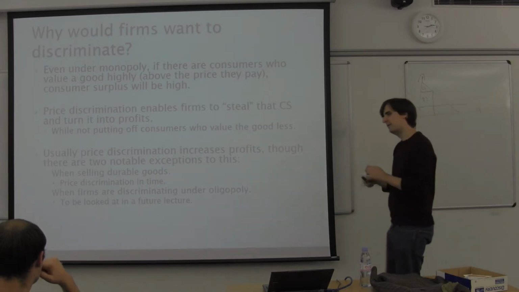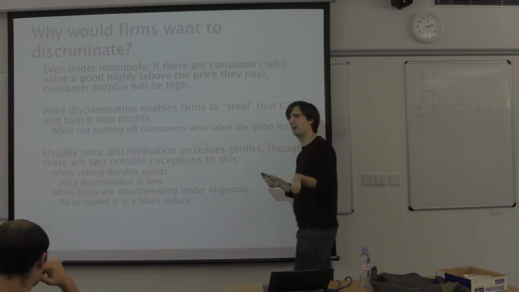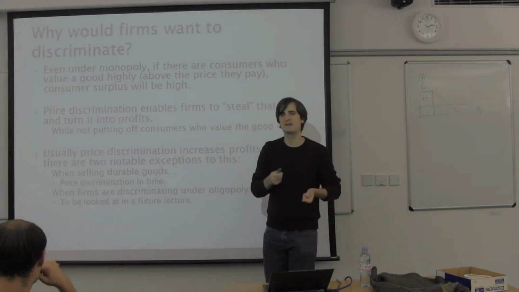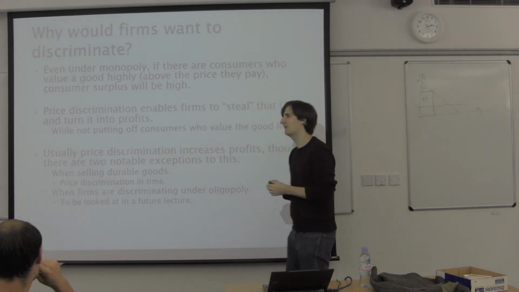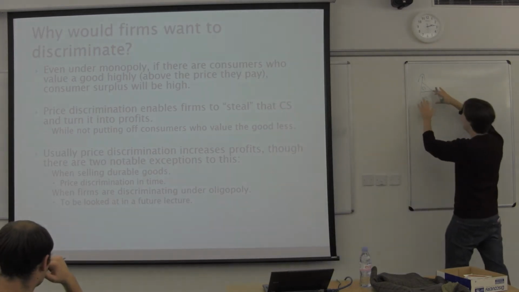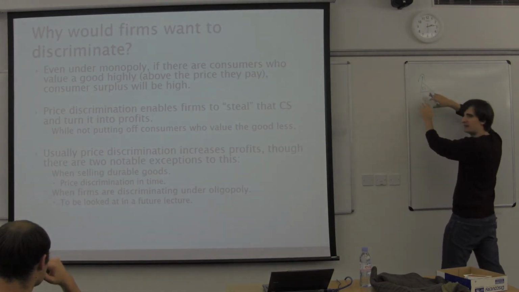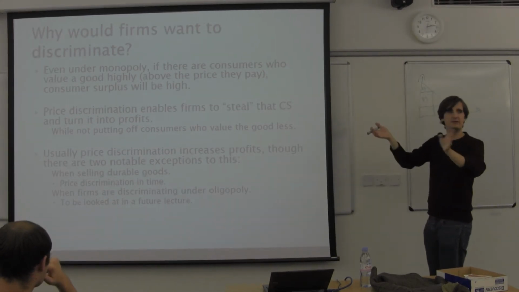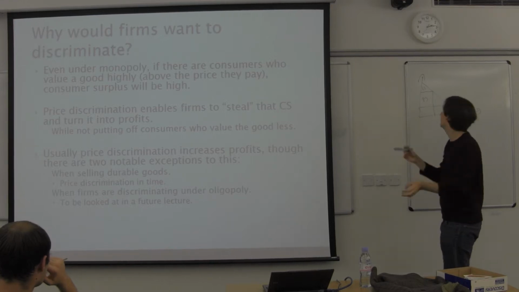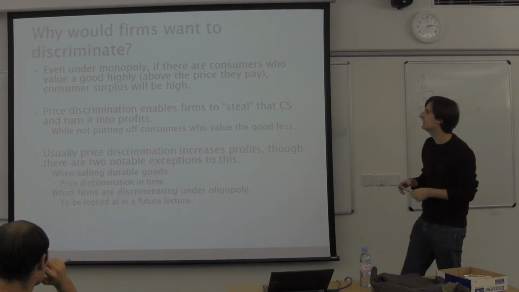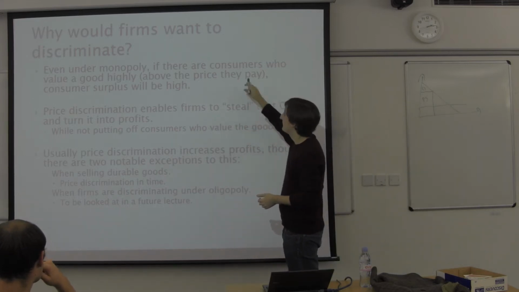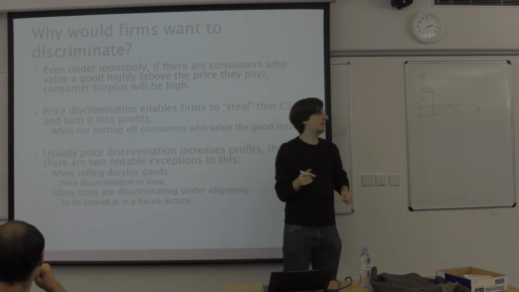So the people who are buying the good are getting some surplus from that good. The seller would like a way of capturing that surplus, because the optimum for the seller would be to somehow design a system so that the consumer gets no surplus at all. The consumer is just indifferent between buying the good and not buying the good, and all of the surplus goes to the producer. And this is particularly true if we're talking about consumers who really highly value the good.